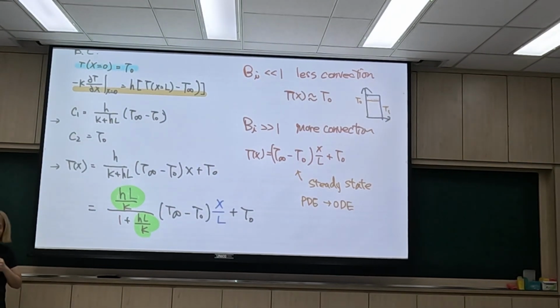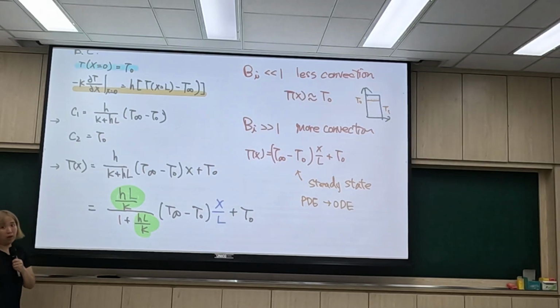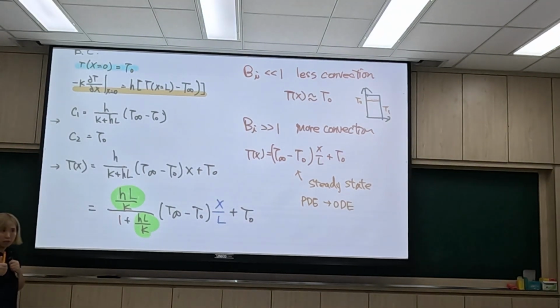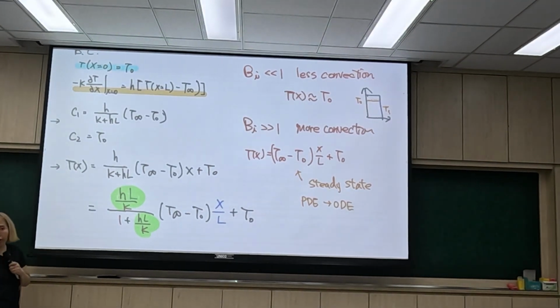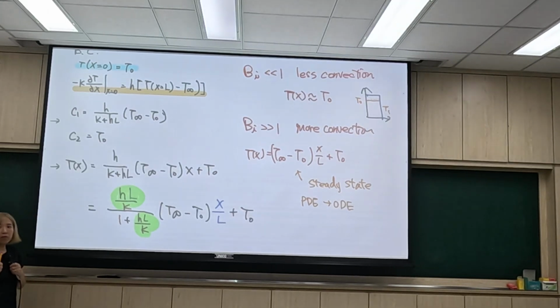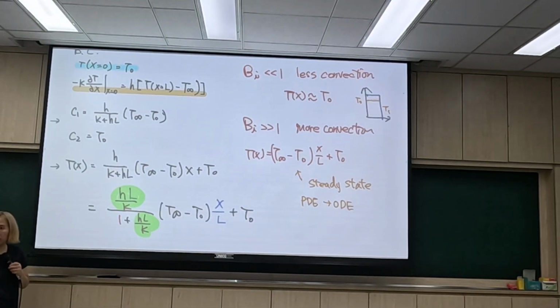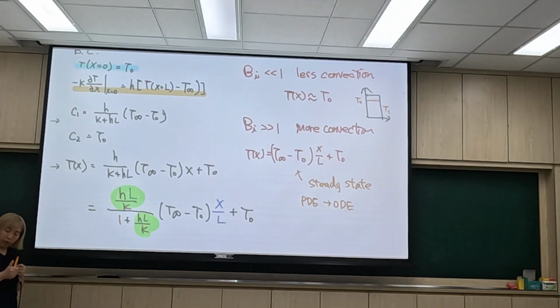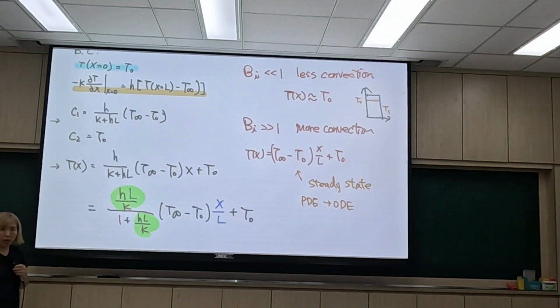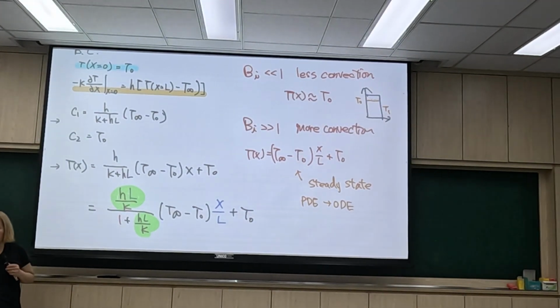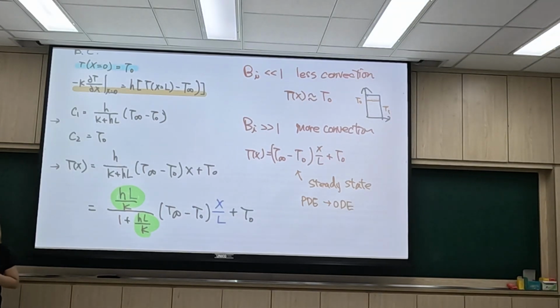So use the Biot number to check your problem. As long as the Biot number is much bigger than 1, then you don't need to solve the PDE. There must be a boundary condition and an initial condition for you to simplify the equation and make it an ODE.